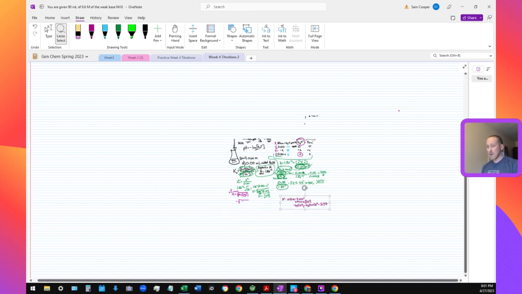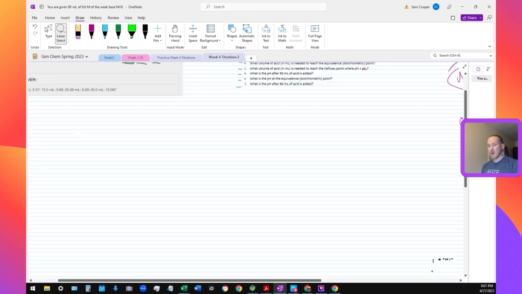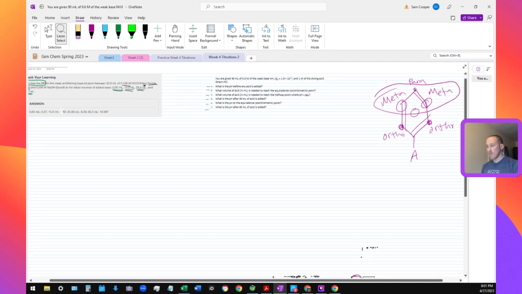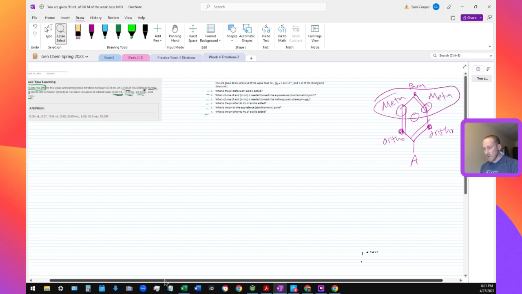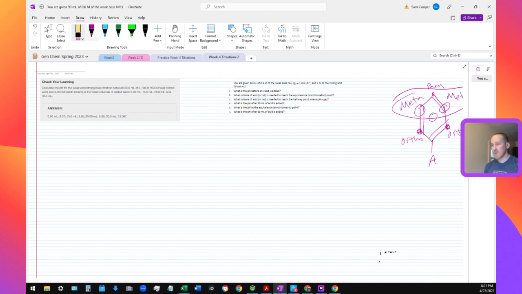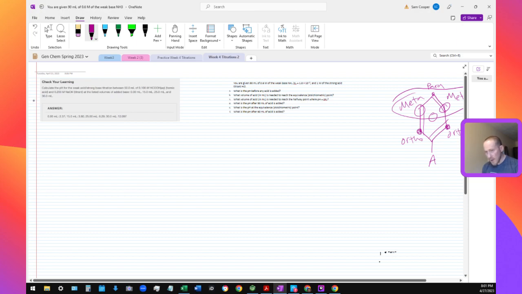So, speaking of, it looks at first glance like we only have 2 problems to work through, but we actually have 10 problems, and we're going to try to do them all in the next hour. It's ambitious, but I like being ambitious if possible. Both of these are titration scenarios.